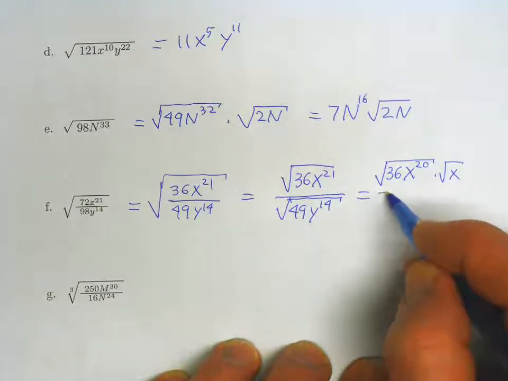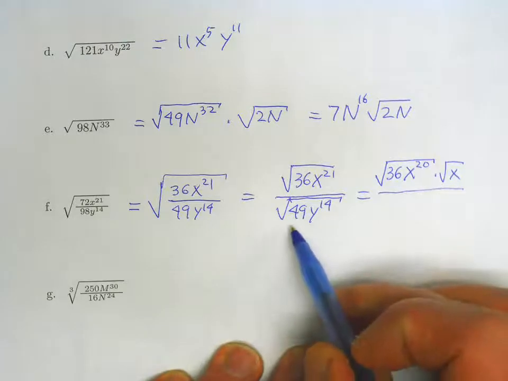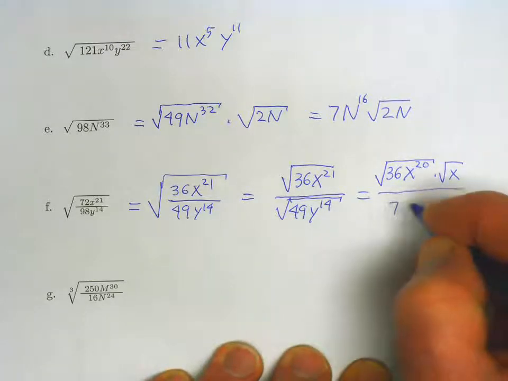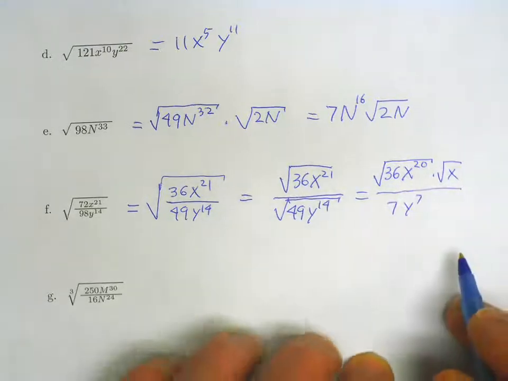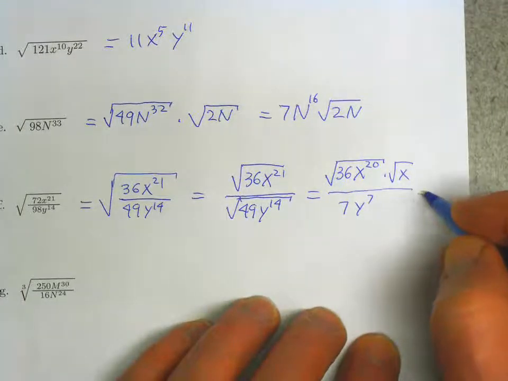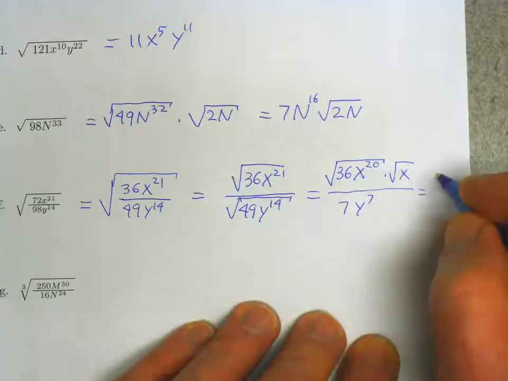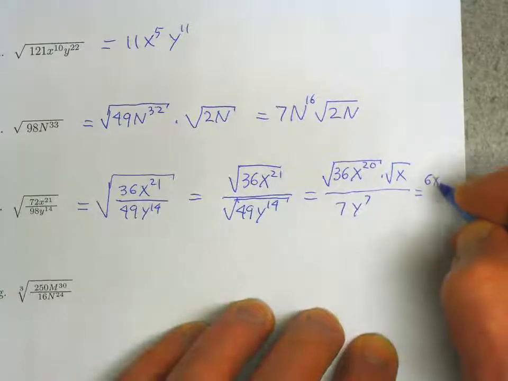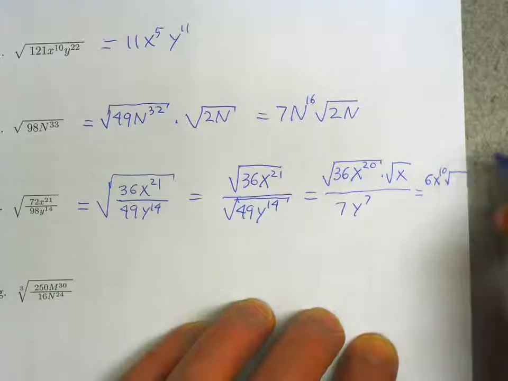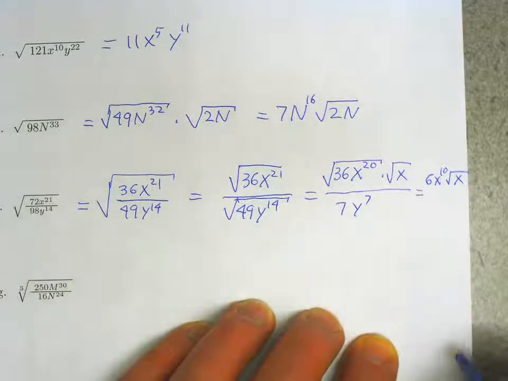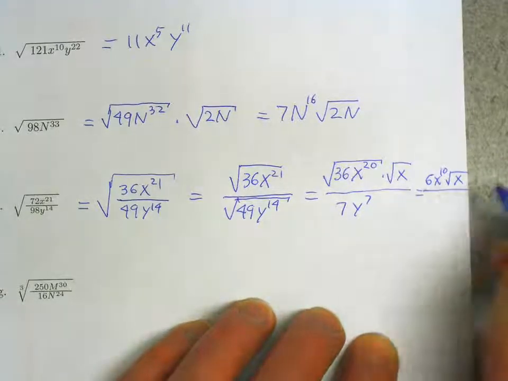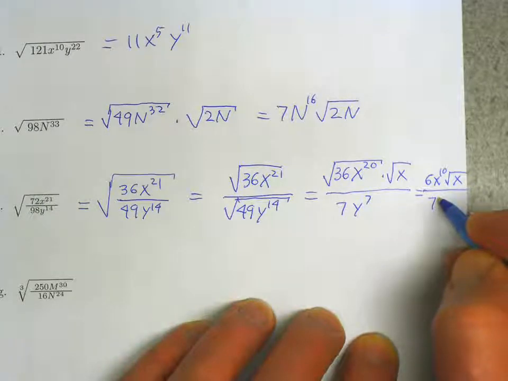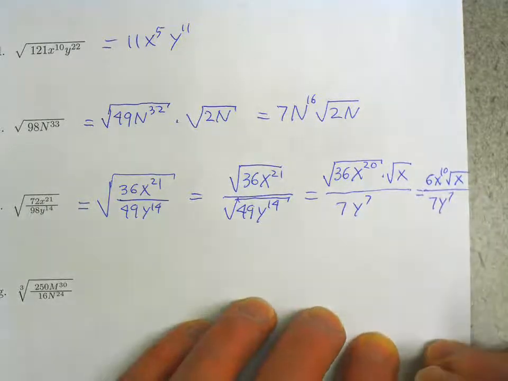And we can go ahead and simplify the denominator. That simplifies to 7 times y to the 7th. And then finally, in the numerator, the square root of 36 is 6. The square root of x to the 20th is x to the 10th. And so 6 times x to the 10th times the square root of x is in the numerator. And then the denominator is already simplified, 7y to the 7th.